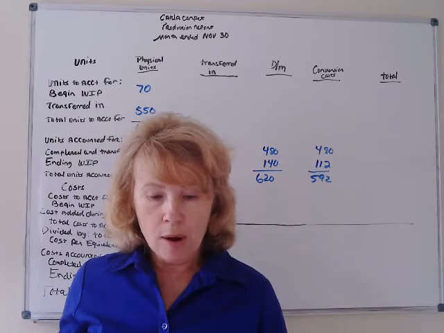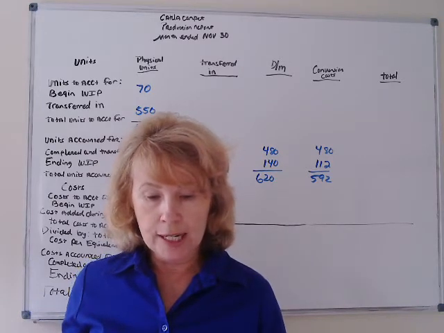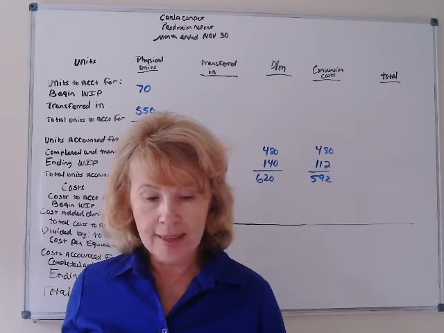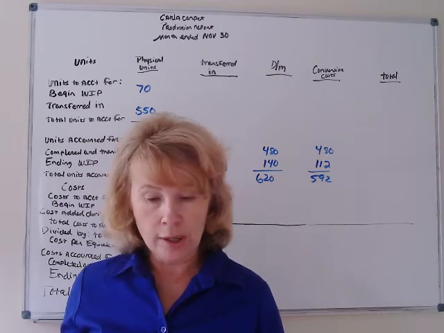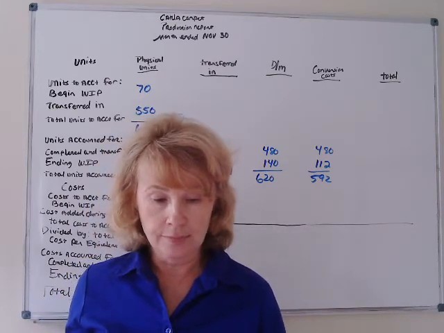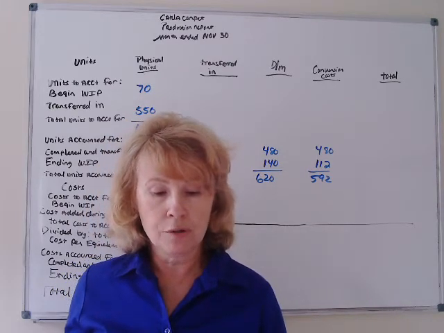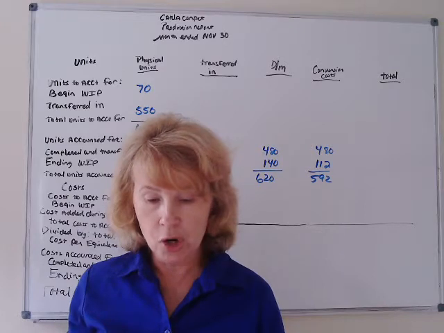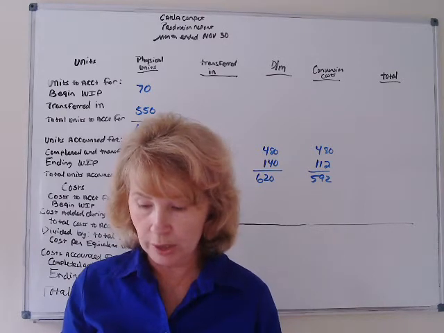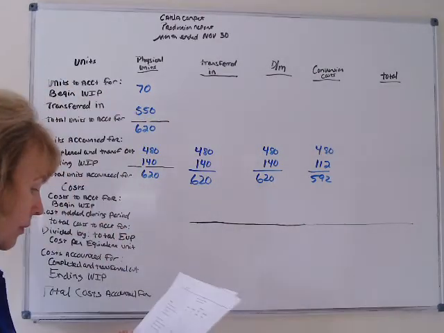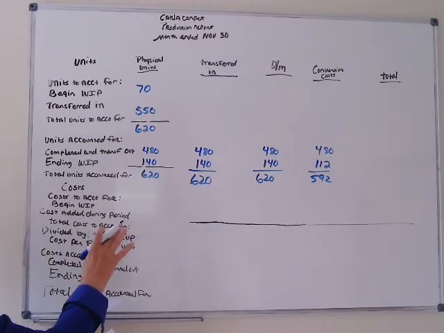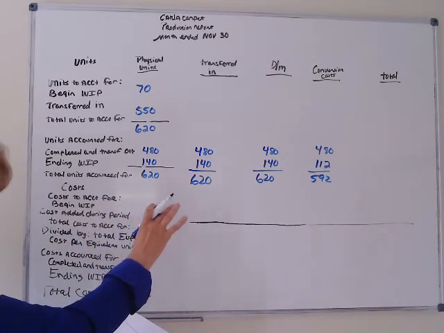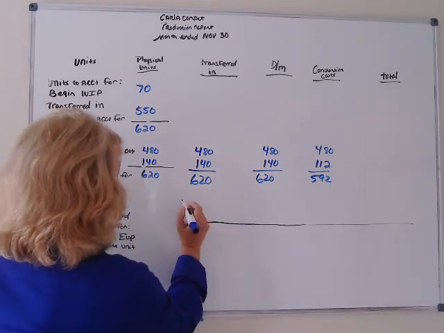Beginning work in process inventory, transferred in costs are $4,000. The materials costs are $1,400 and the conversion costs are $5,300. So I just trace it across. My transferred costs, my beginning work in process is $4,000.